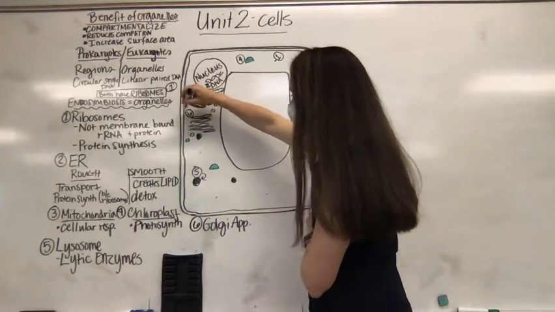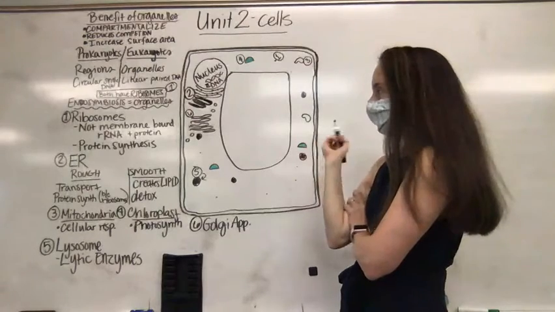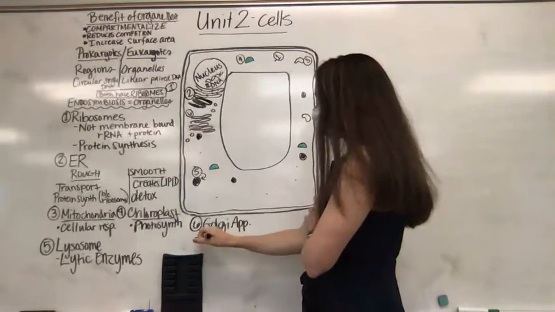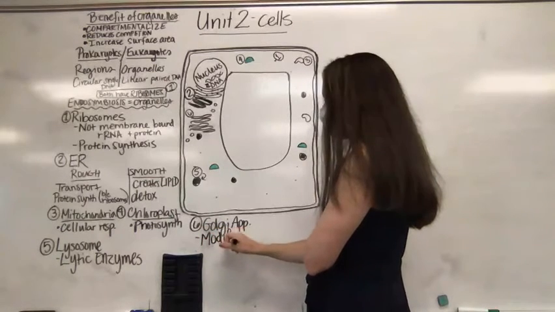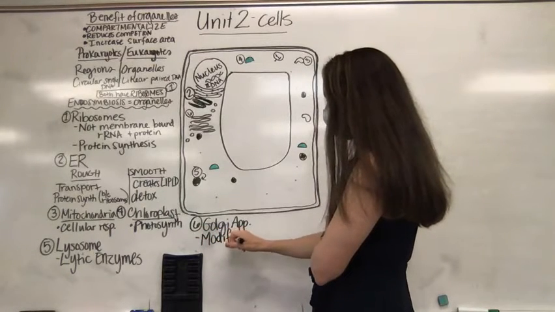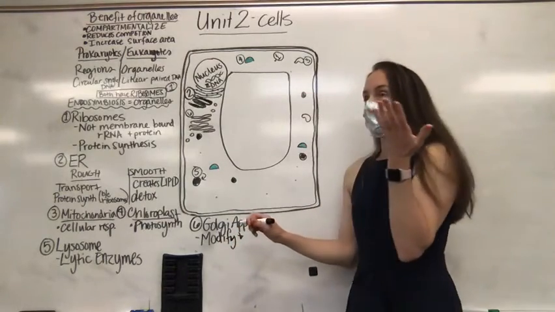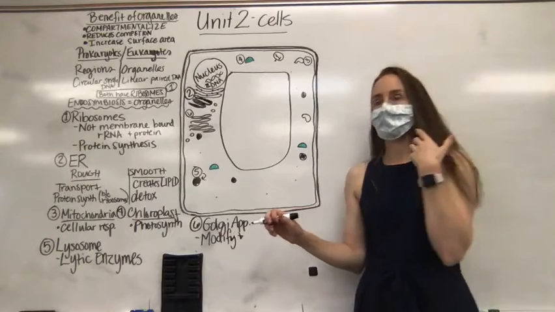Basically what you have, now with the Golgi being a part of stuff, is a connected intermembrane system. So basically the Golgi's job is to modify and ship. In the actual standards it says protein trafficking, and I don't like the word trafficking right now.